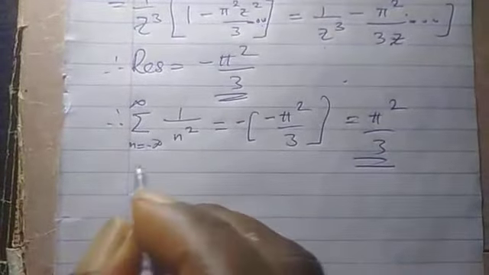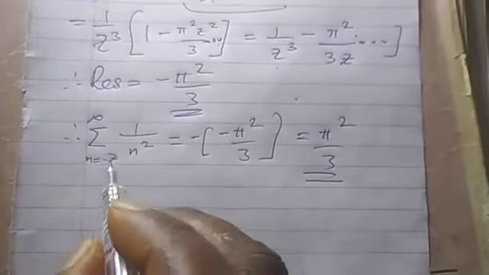Now, the question continues and says we should show this. What we do is what I did the other time. In this case, our n cannot be 0 because of this. So we can follow the usual way.